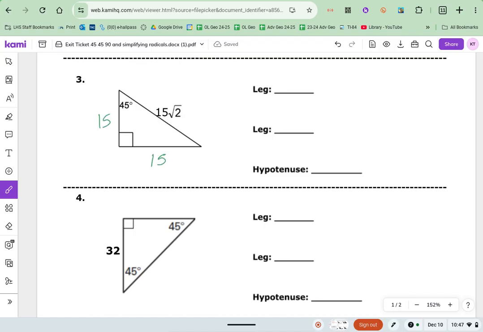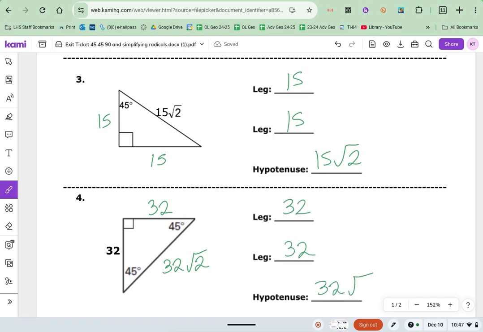Okay, you can look up and check your work when you're ready. And then if you got those right and didn't have questions, go ahead and flip over and try the one on the back. It's one step harder. But if you had questions about 3 and 4, I'll walk around and you can ask me real quick before you try number 5.